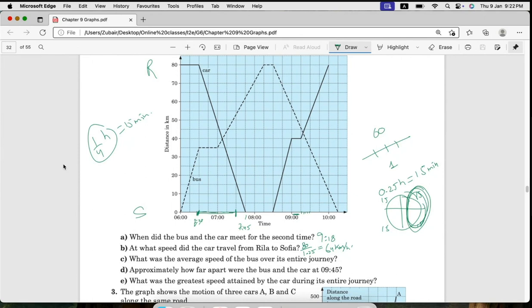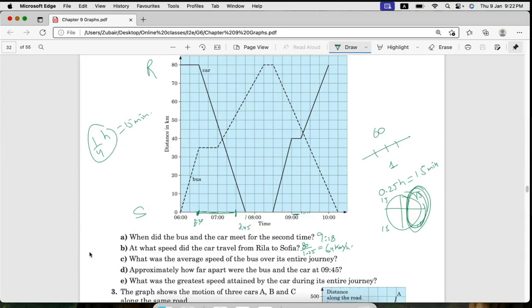So we will do average speed. Total distance is 80 and 80, 160. And what is the total time? Time is from 6 to 10:15.